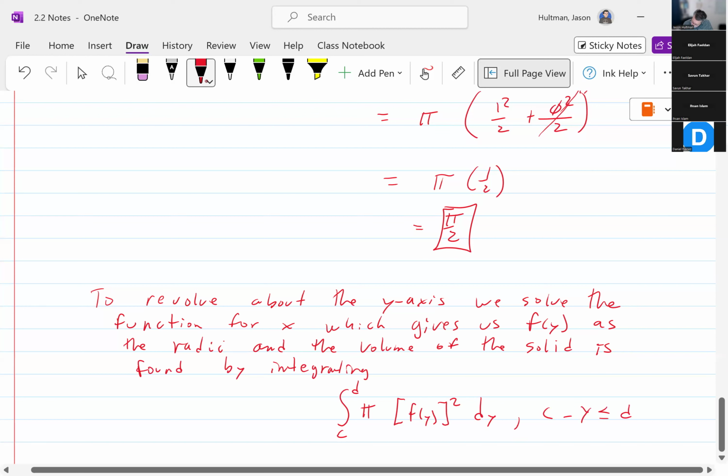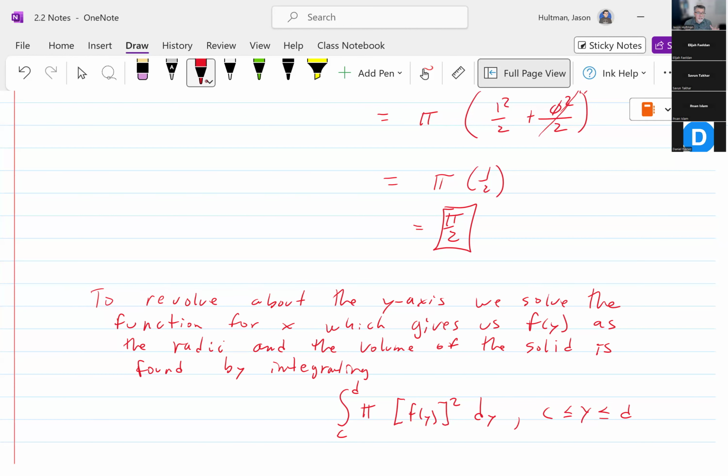Right? So we just put everything in terms of y. We take the same function, but we turn everything in terms of y.